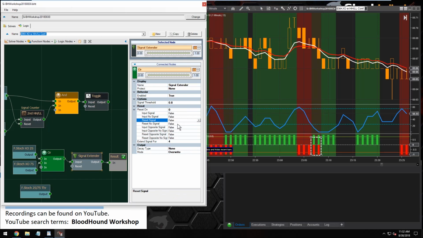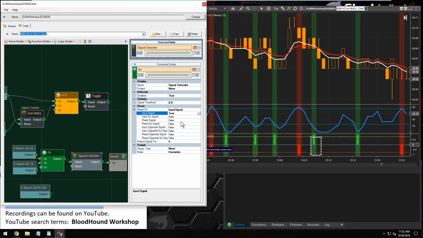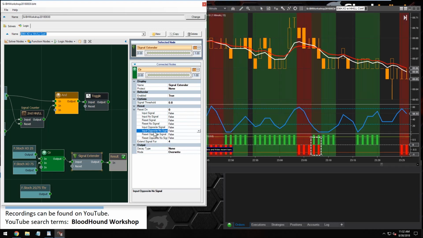And the way I can do that is, oh no, I don't want that one. Input opposite signal. Input opposite signal. There we go. So I can take the input opposite signal, reset. So in the resets, input opposite signal.